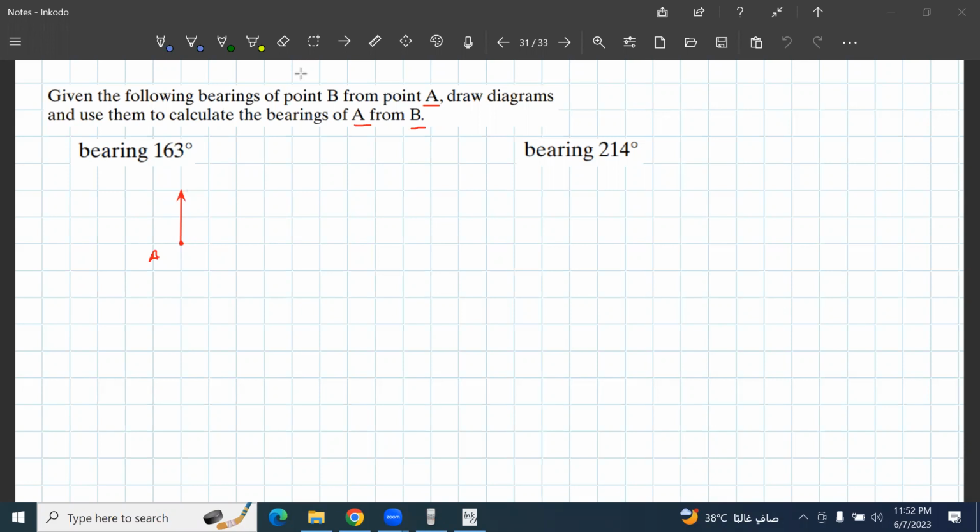Then remember that your direction is from north always to the right, clockwise, okay?